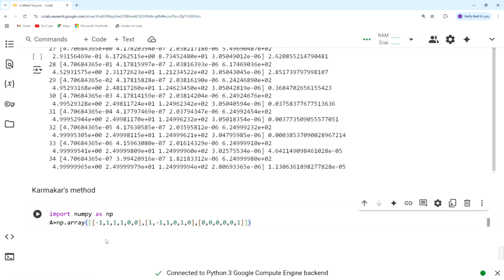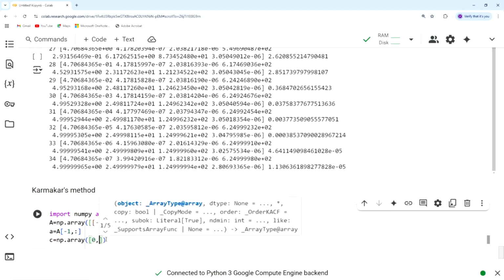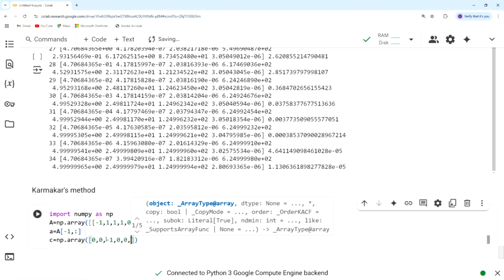So, this is A, and little a is just the last row, so I will write it as A of minus 1. And c is 2 zeros, minus 1 and 3 zeros.